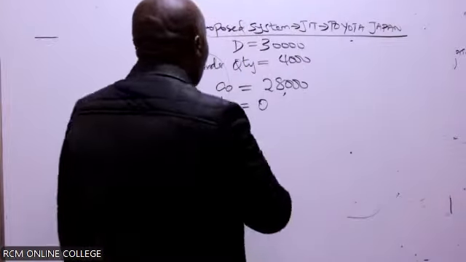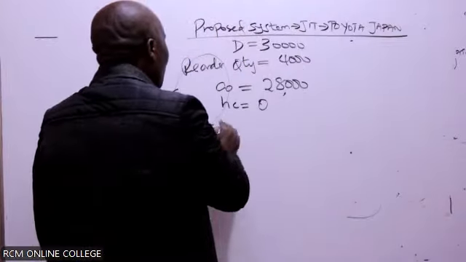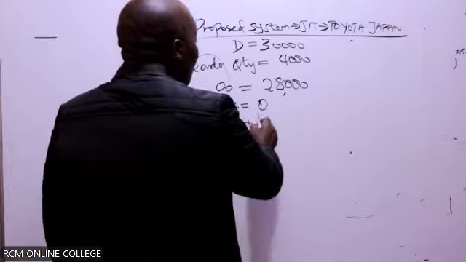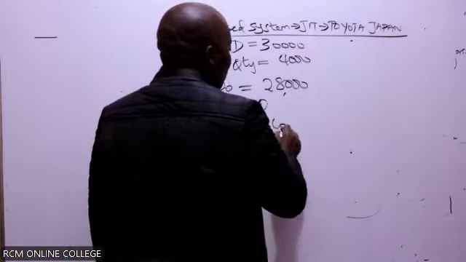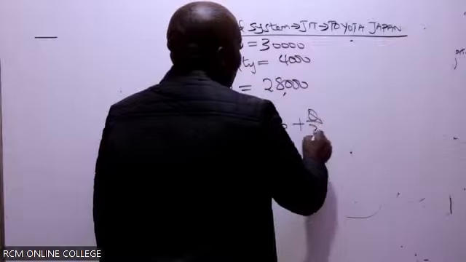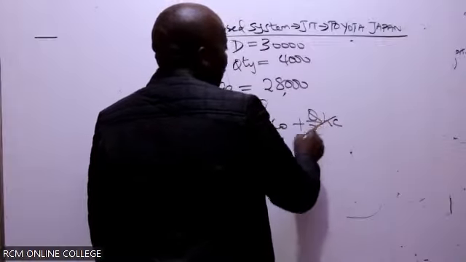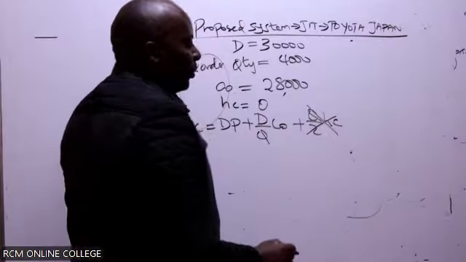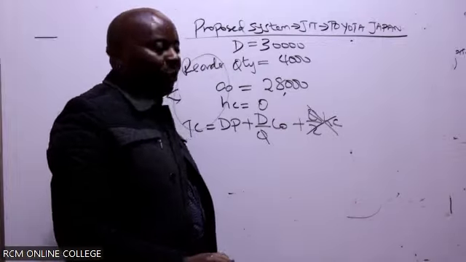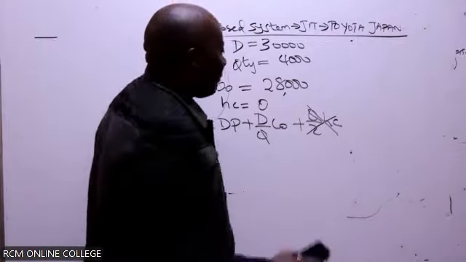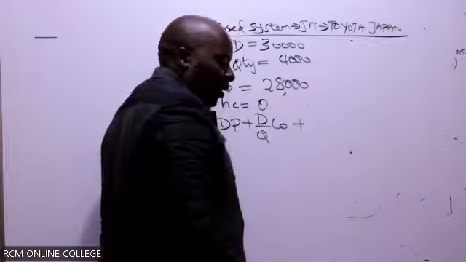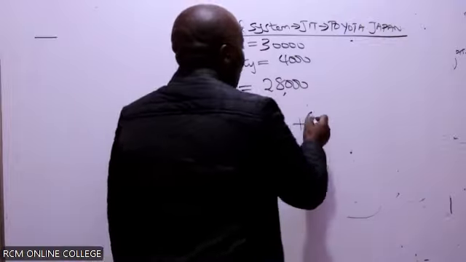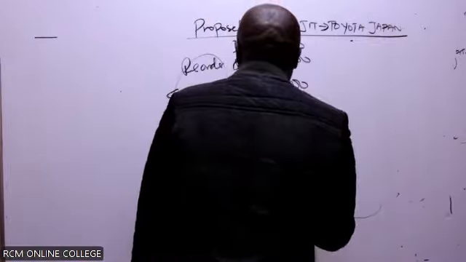So our total cost in this case will be DP, D over Q times the cost per order, plus average stock times HC. And remember, you can forget about that because we know the holding cost will be 0, but let's retain it for our future remembrance. So we have Q over 2 times HC.